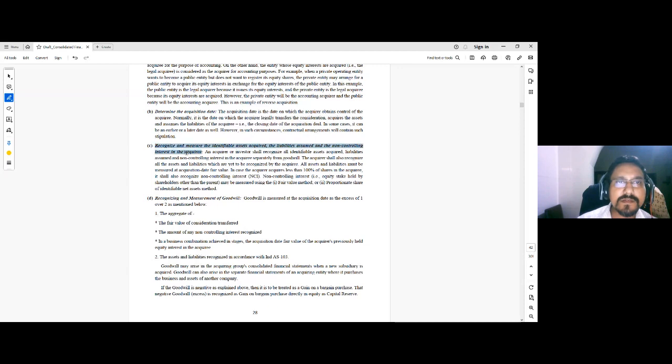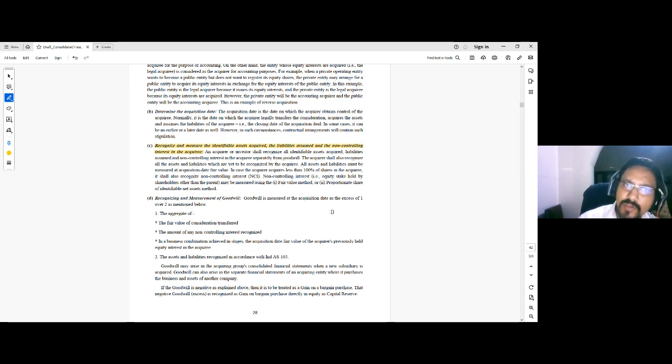Now suppose, as per our example, A Limited, the holding company, has acquired the controlling interest of the subsidiary company B Limited on 1/4/2022. So on 1/4/2022, A Limited needs to prepare a consolidated balance sheet and all other consolidated financial statements.